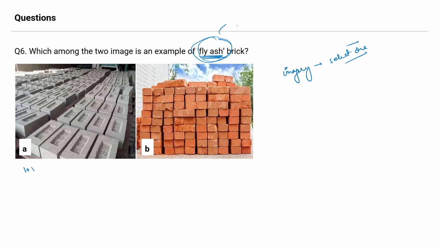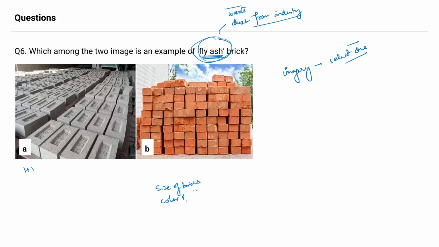Okay, so basically fly ash is made up of waste dust from the industry. Okay, that is true. But how did it help you in telling which option? Is it the size of the bricks? The color. Is it the color?